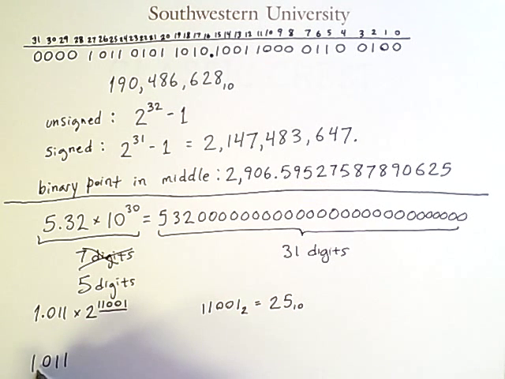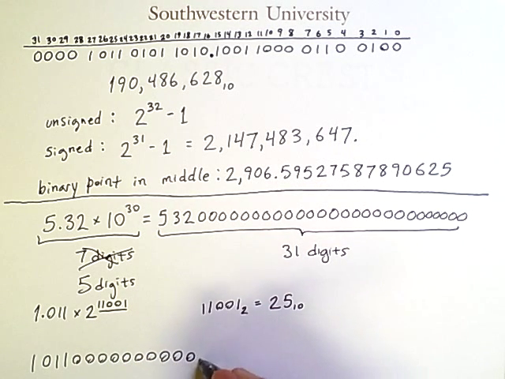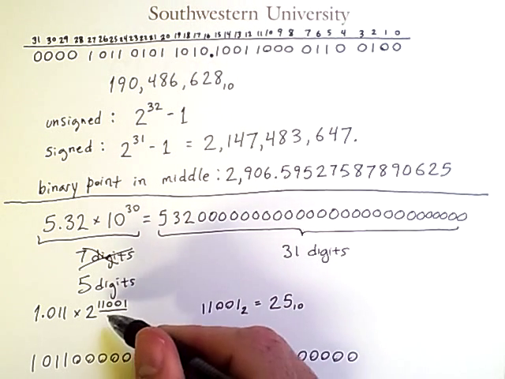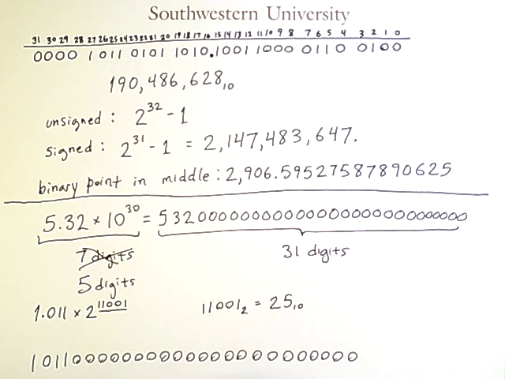So the first 3, so we have 1, 2, 3, and then we continue. 4, 5, 6, 7, 8, 9, 10, 11, 12, 13, 14, 15, 16, 17, 18, 19, 20, 21, 22, 23, 24, 25. So this number and this number are the same, but this representation takes up far fewer digits.